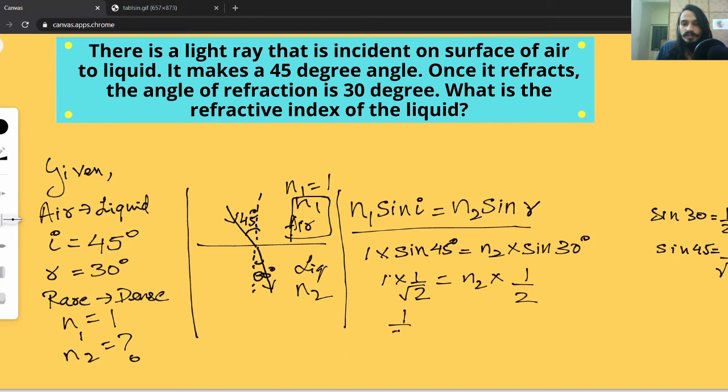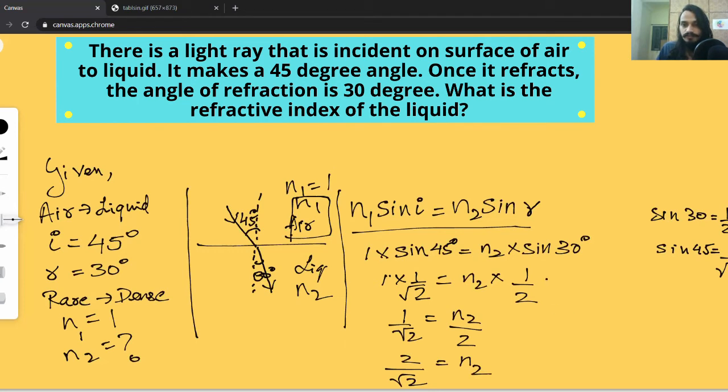So I can put this as 1 by root 2 equals n2 divided by 2. We can cross multiply, sending the 2 from there to here, so it becomes 2 divided by root 2 equals n2.